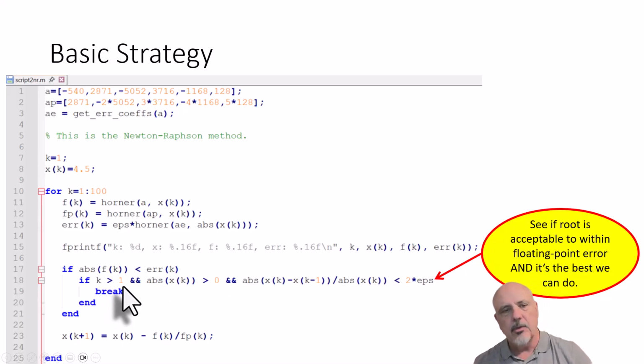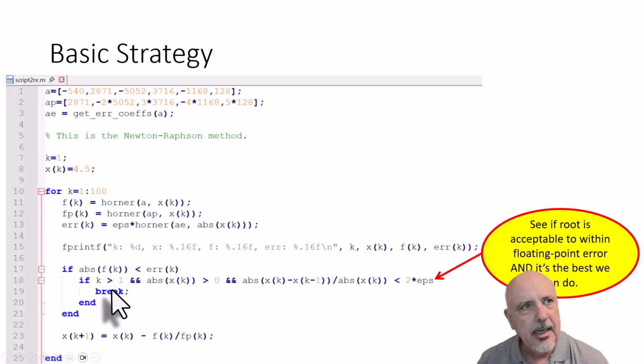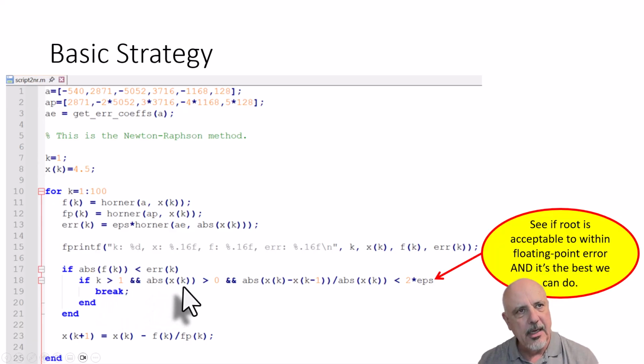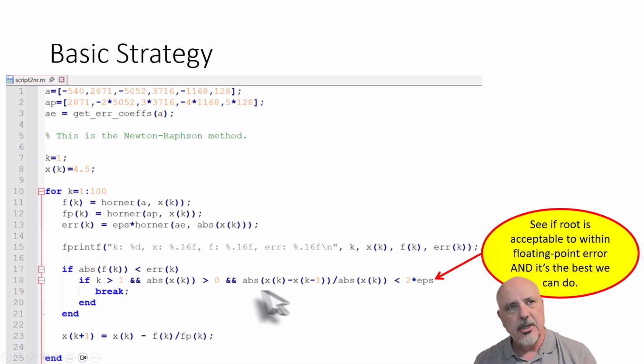All right, so let's say we're on a subsequent pass, and k is actually more than 1, so we make it past that. And I want to make sure that my x is not a perfect 0, because I'd be dividing by 0. I don't want to do that. So I make sure that I have an x, and then I go ahead and calculate this, and if it's less than 2 eps, and obviously my polynomial is less than the error bound, then I'm going to bust out, and I'm done.